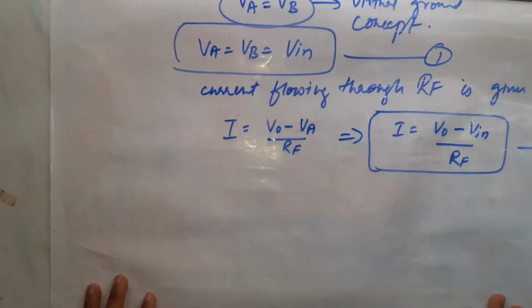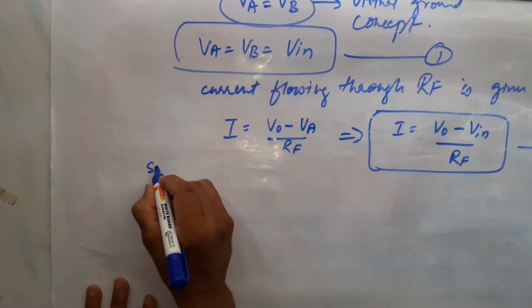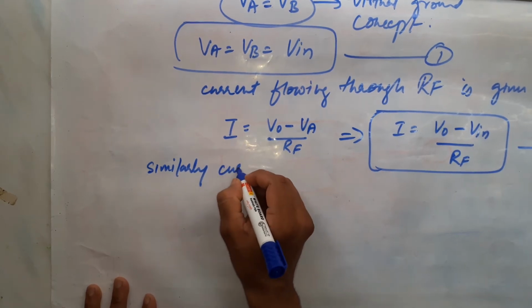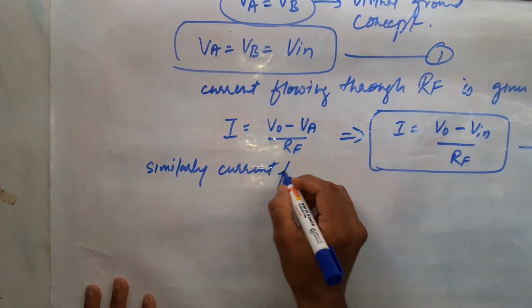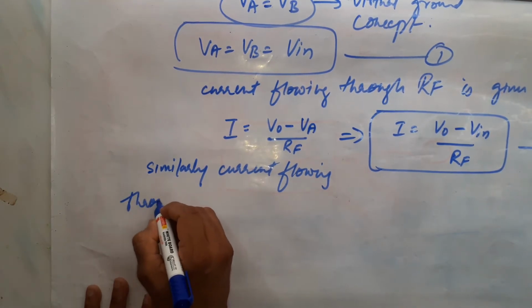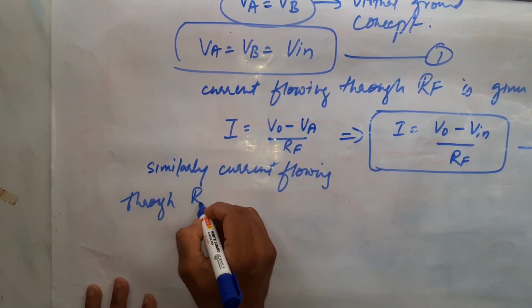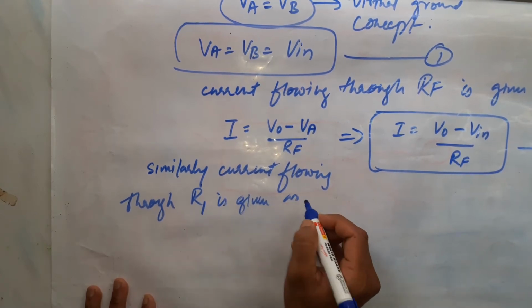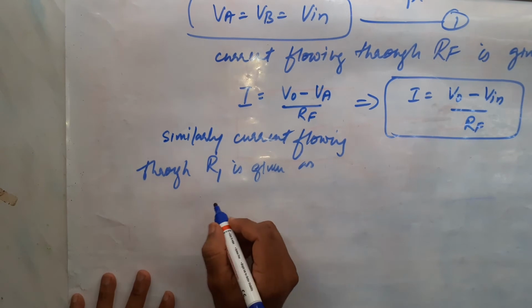Similarly, the current flowing through resistor R1 is given as, the same current is flowing, right?